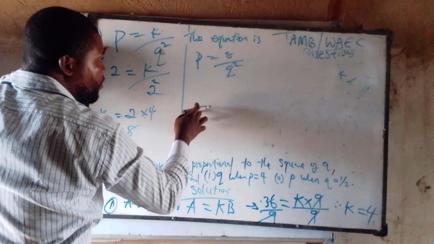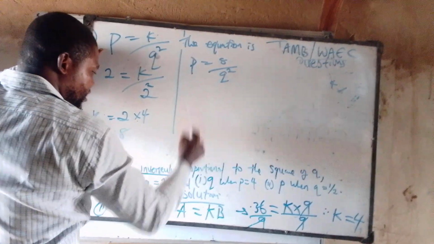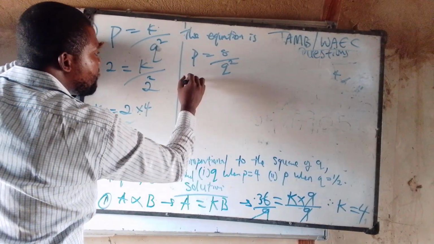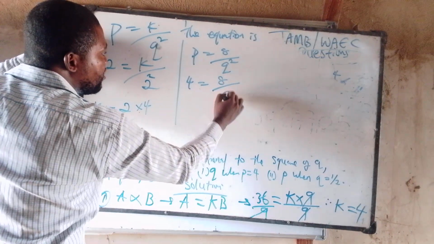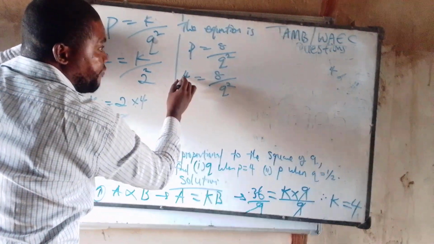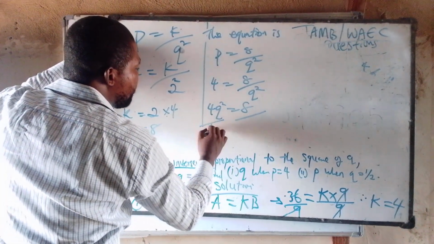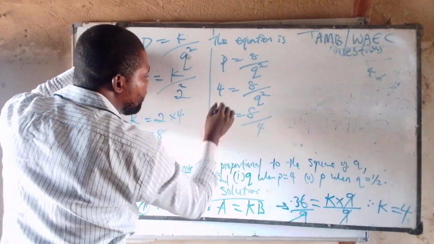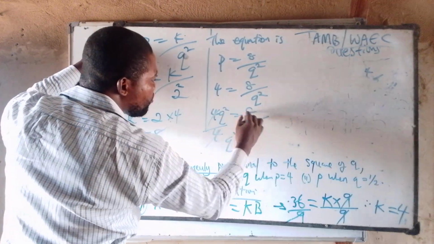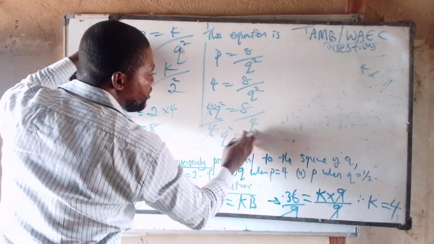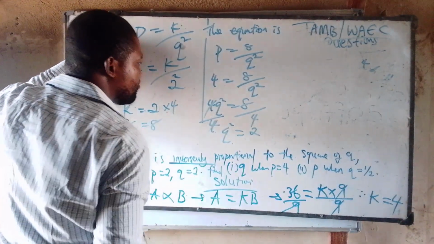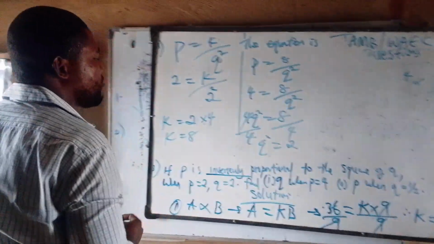I will not solve all, I will stop somewhere. When my P is 4, I remove P, I put 4 equal to 8 over Q squared. 4 times Q squared is 4Q squared equal to 8. Divide by 4 on both sides. This 4 will cancel 4. Only Q squared is now equal to 8 over 4, which is 2.